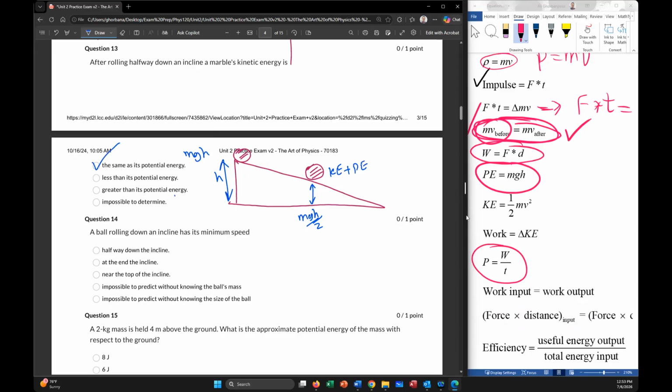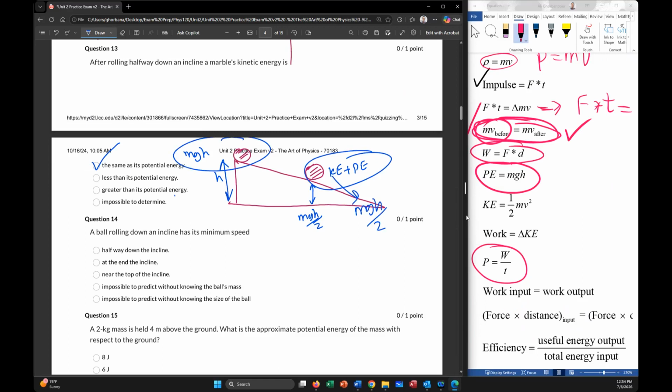Kinetic energy will become equal to potential energy, because what is the potential energy here? Half of the whole energy. Energy is conserved. Energy on the top is mgh. Energy here should be mgh, but half of it goes to potential energy. The other half will go to the kinetic energy.